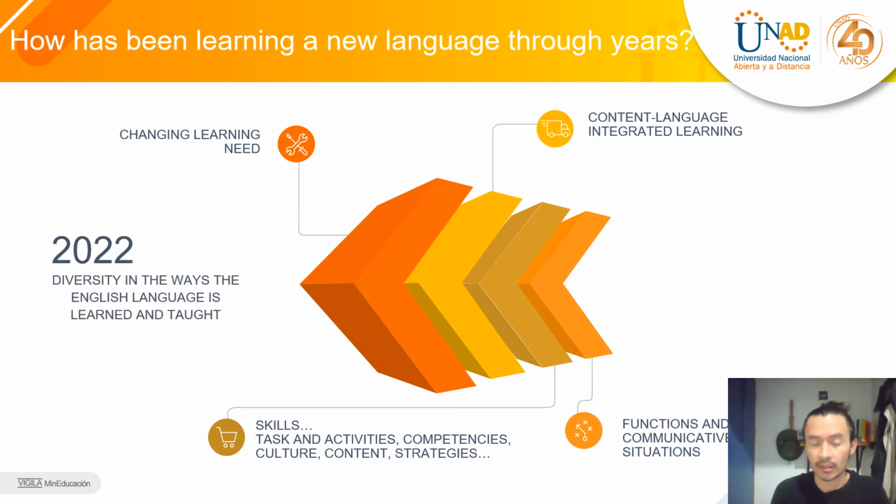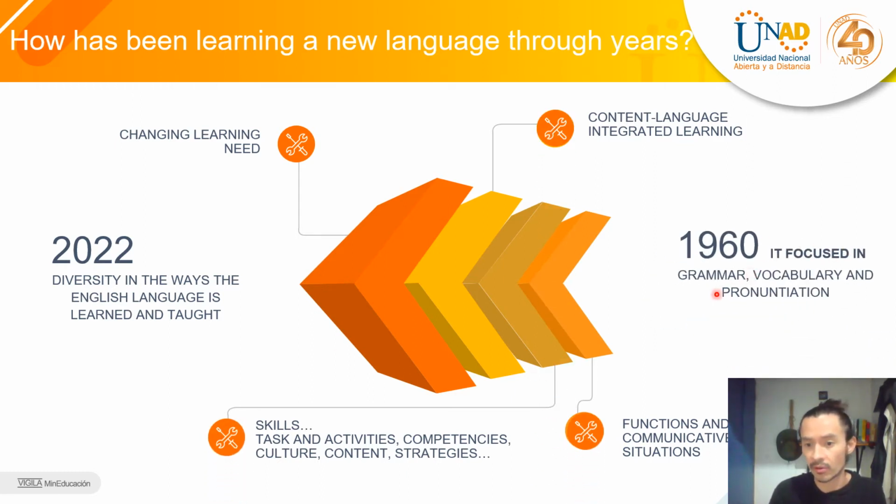Because the needs have changed, the same way the methods, the same way the objectives, and the same way the materials were designed. The methods in the 16th century focused on grammar, vocabulary, and pronunciation.